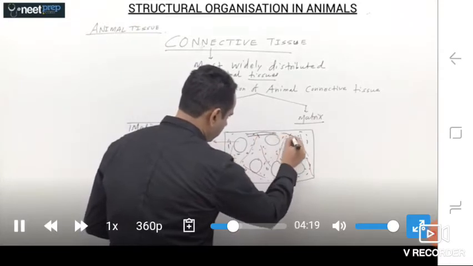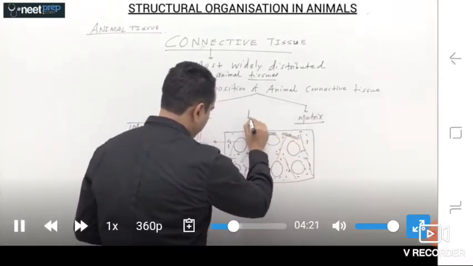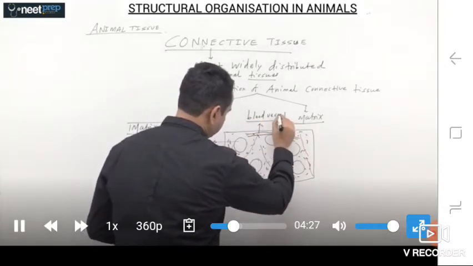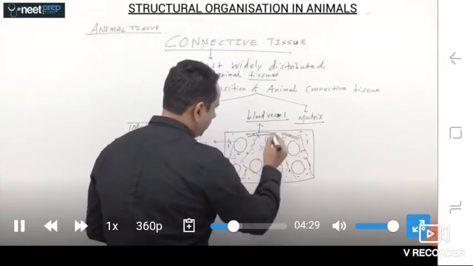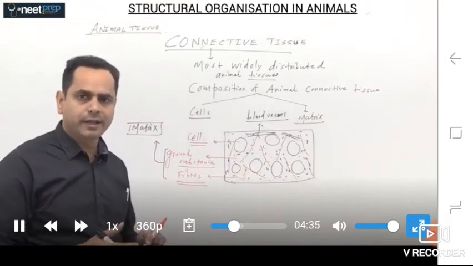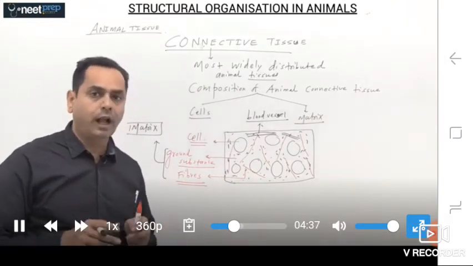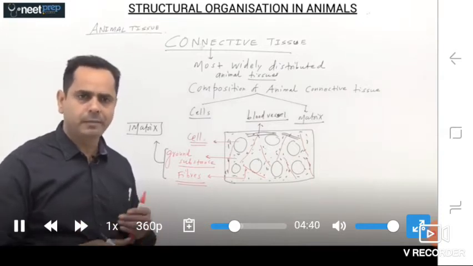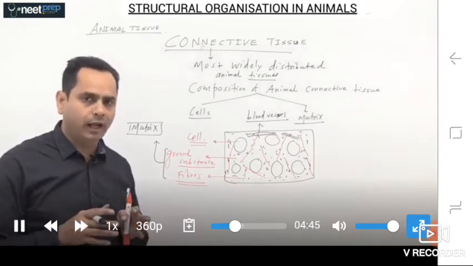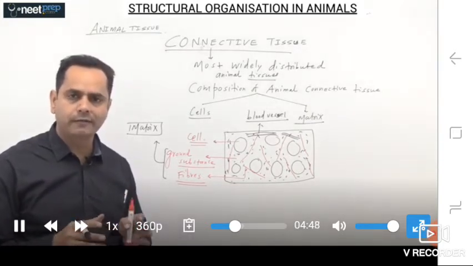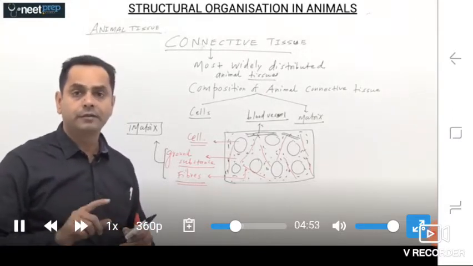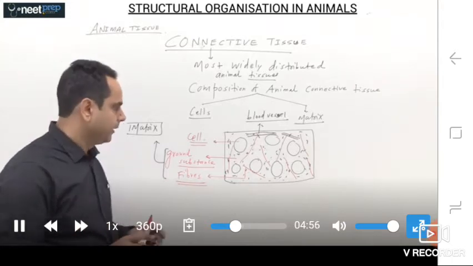We can see the abundance of blood vessels. We know that epithelial tissues are avascular, but most of the connective tissues are vascular. Exceptions may be there, like cartilages and tendon. But mostly connective tissues contain blood vessels, and in that respect, it is a vascular structure.